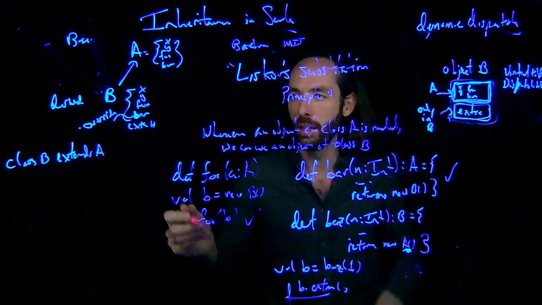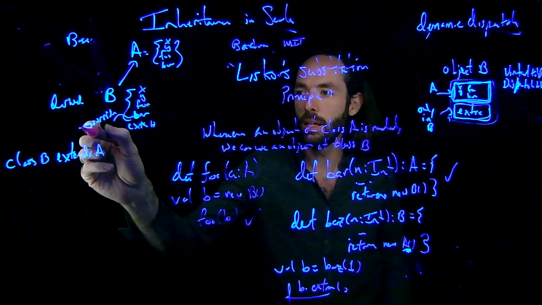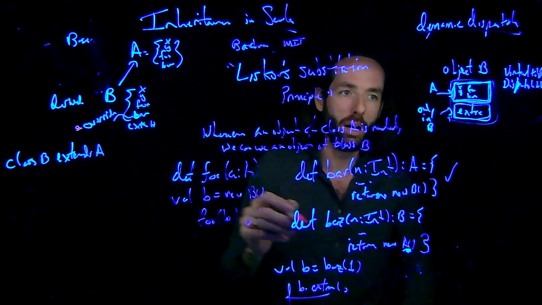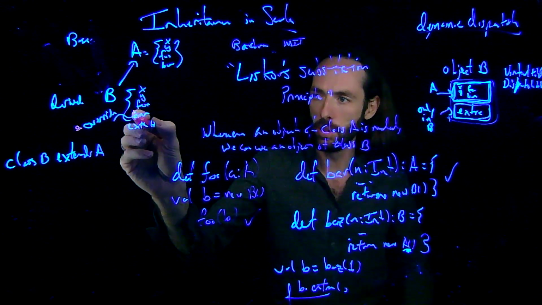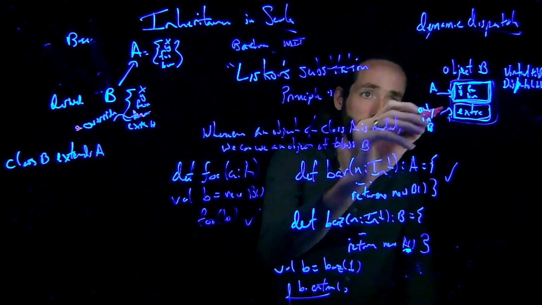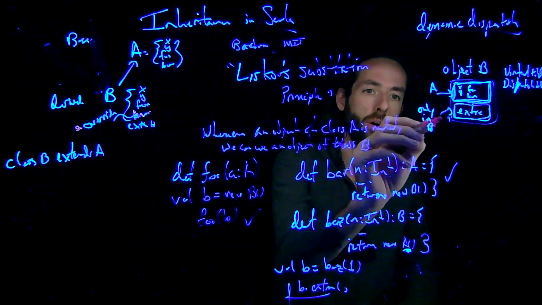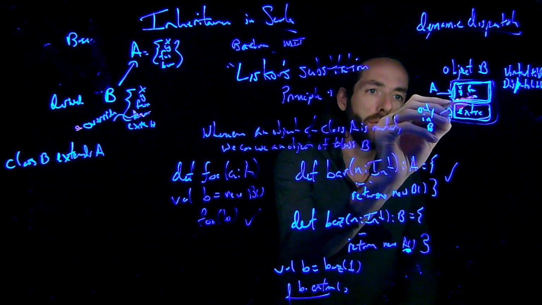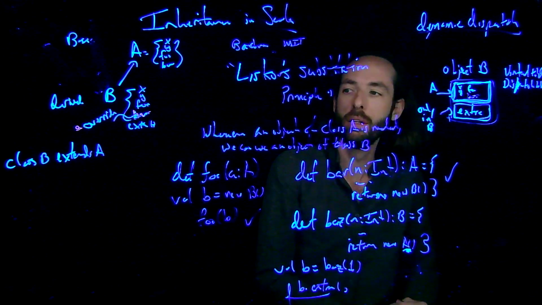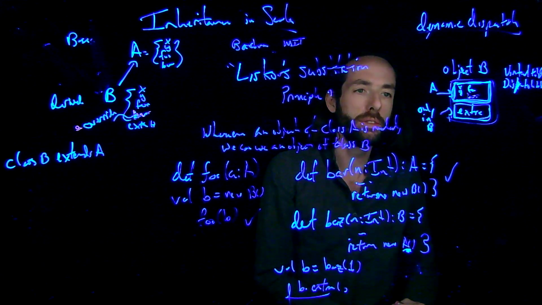And the powerful thing is that if we override bar here, so I'm going to do the override in pink. Where do we put the override? We don't actually put it only in the B part, but we override it up in the A section. And that's what allows for dynamic dispatch.